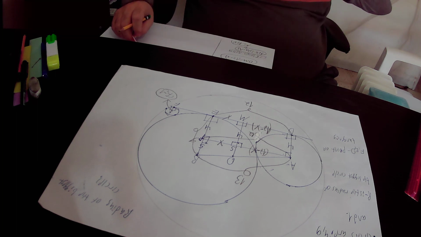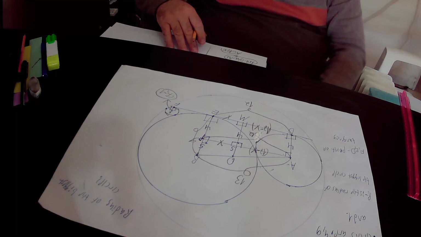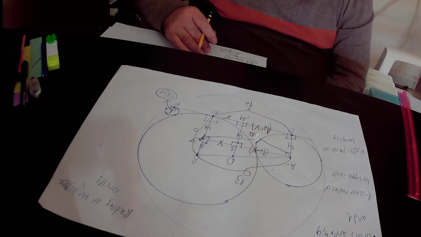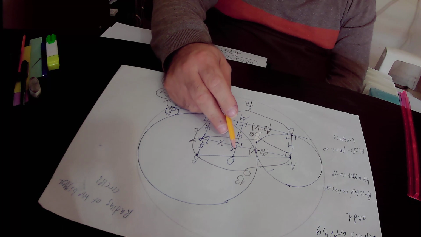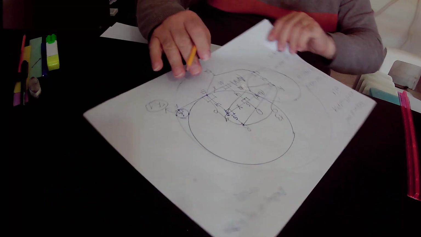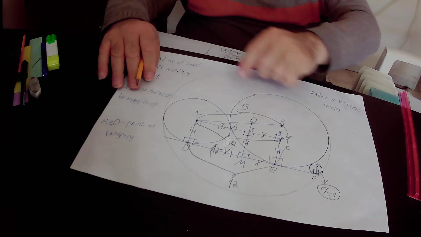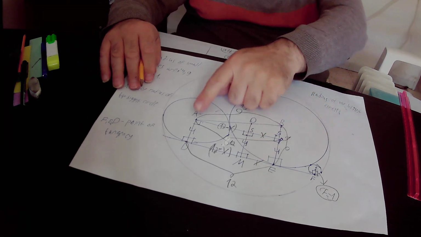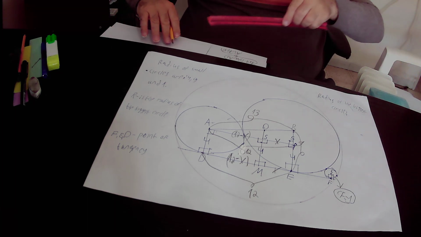In the next step, we will focus on OM. OM is the perpendicular from point O to DE.